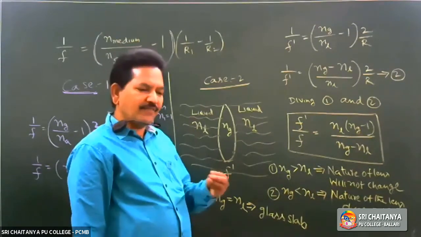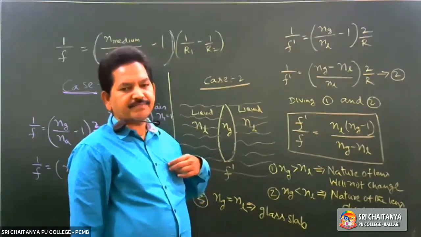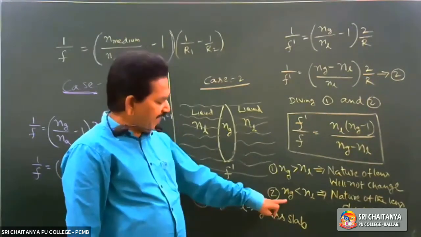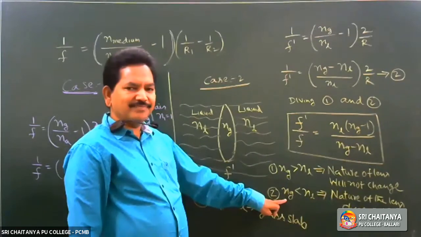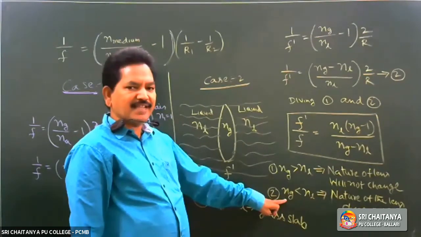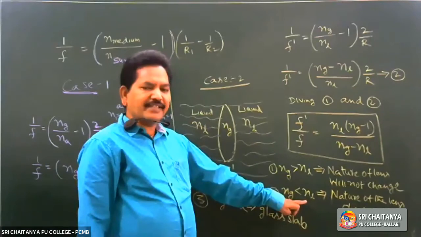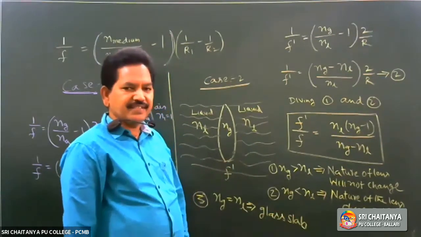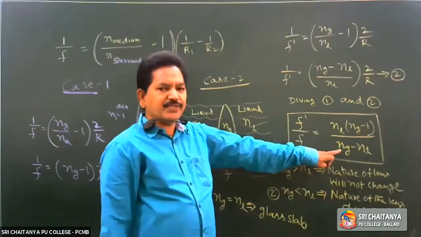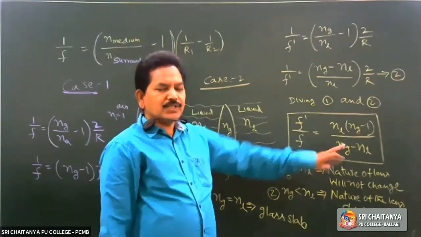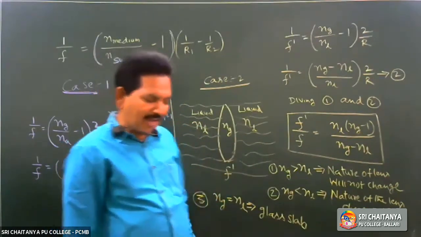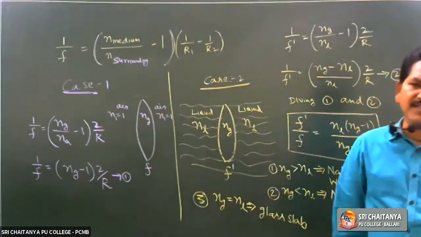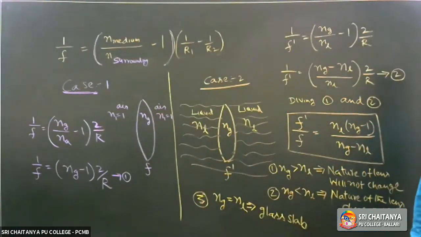Means a convex lens behaves as convex, and a concave lens behaves as concave. If Ng is less than Nl, the nature of the lens changes, because here we will get a negative sign. So a convex lens will behave as concave and a concave lens behaves as a convex when dipped inside the liquid.